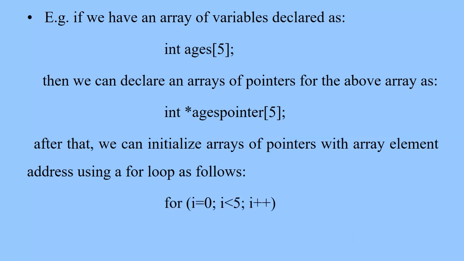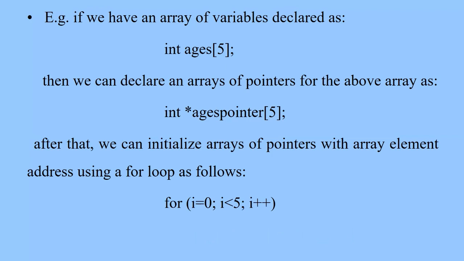Then increment the counter by 1. It becomes 1. Check if 1 is less than 5. Yes. If yes, pick the memory address of the second element in the array called ages, whose subscript is 1, and assign that address to ages_ptr[1]. Then increment the counter to 2.